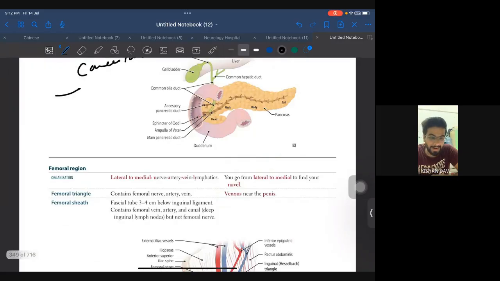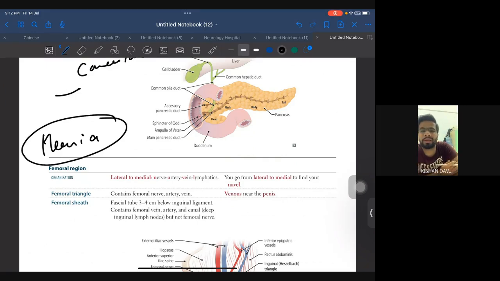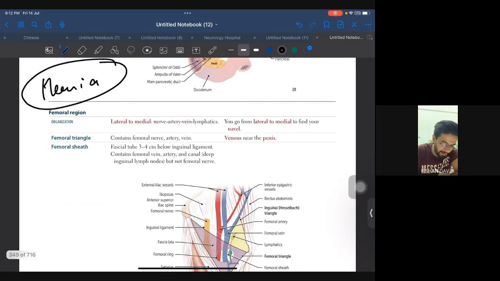Okay, GIT anatomy we are done. Now we will be focusing on hernia. Hernia, they don't ask so many questions. One question they might ask is regarding the indirect, direct, and femoral hernia. They haven't asked any question regarding the femoral triangle, femoral sheath, femoral region. I'm not saying they won't ask, just give it a read.